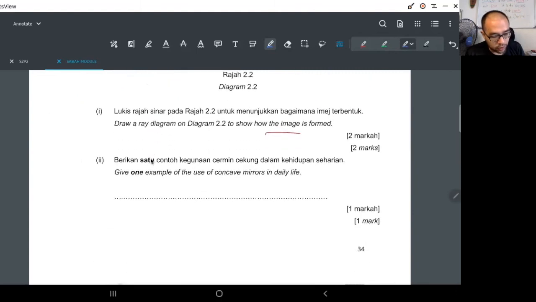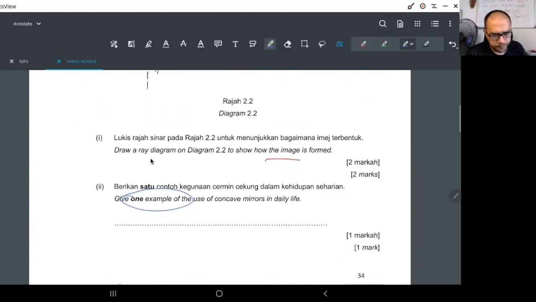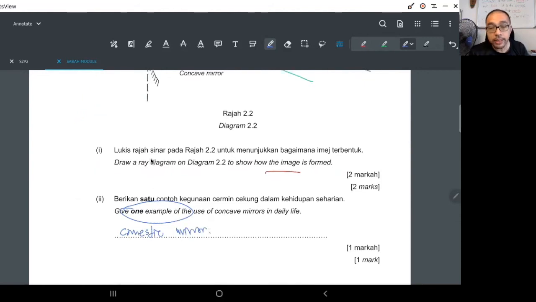And then, of course, the question is, give one example of use of concave mirrors in daily life. There are many uses of concave mirrors. You can have a cosmetic or makeup mirror.